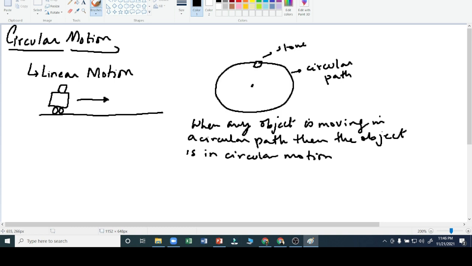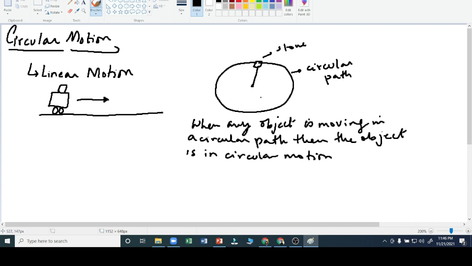Now after that, if I tie this stone with a string like this, there must be a force that allows this stone to move in a circular path.